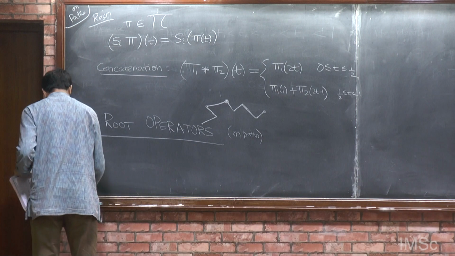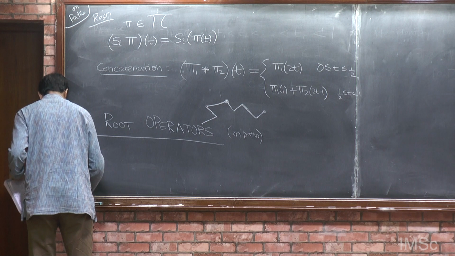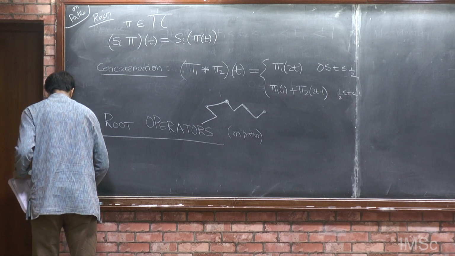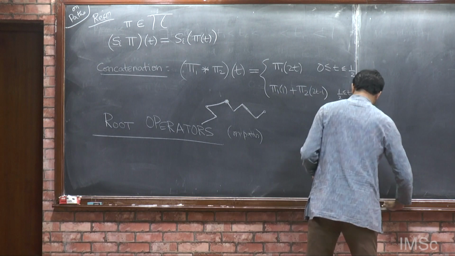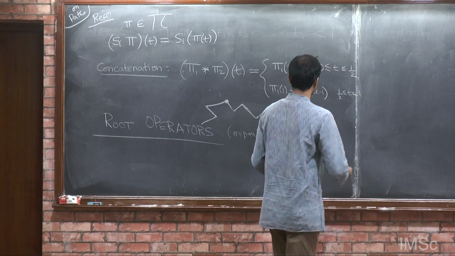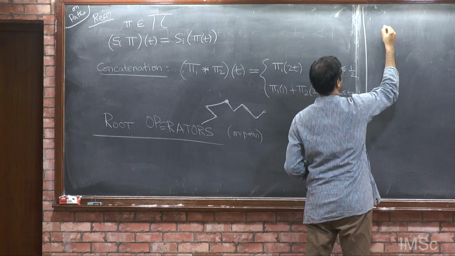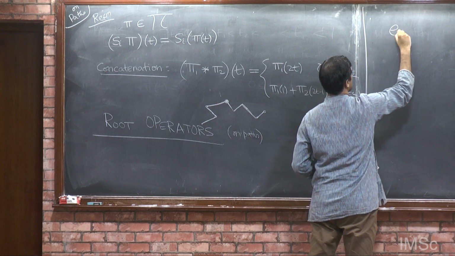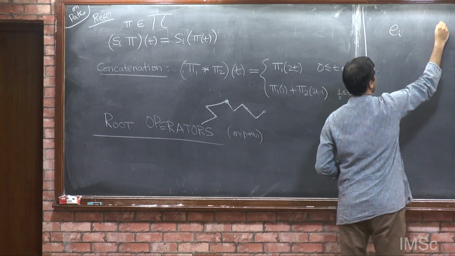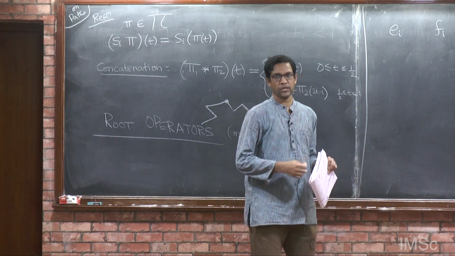Okay, let's see. So what are the root operators? First, there are two kinds of root operators for each simple root. Let's give them names: E_i and F_i. This is how we'll denote our operators.